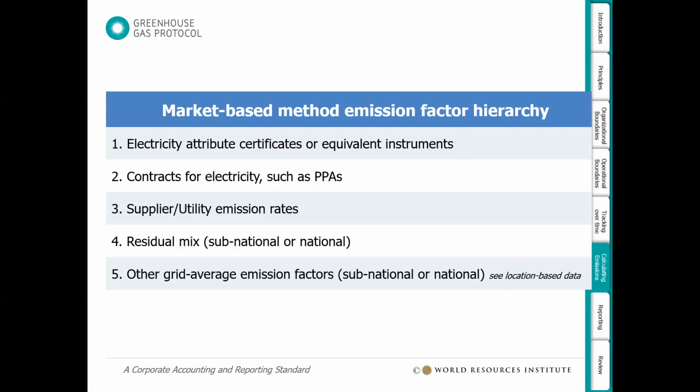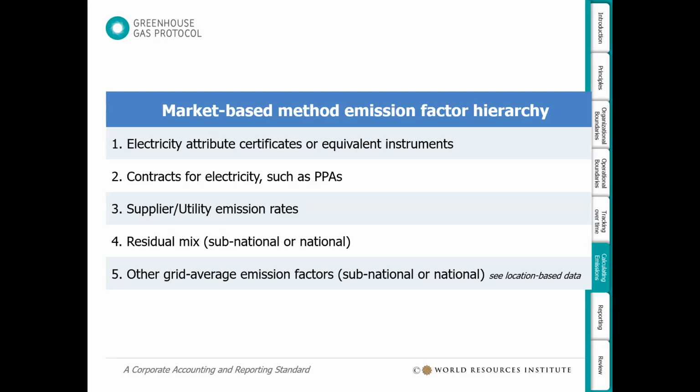This slide shows the different types of emission factors possible for the market-based approach. And these are listed in order from most precise to least precise. But I think it's important to point out that this list doesn't reflect a preference about procurement methods.